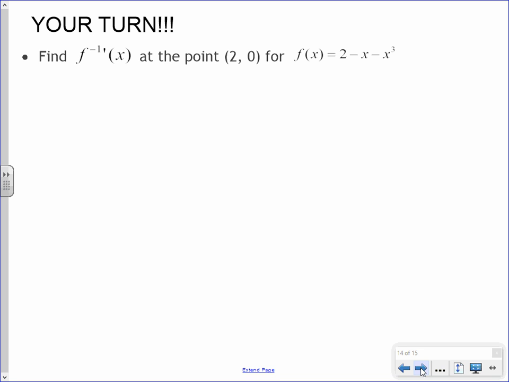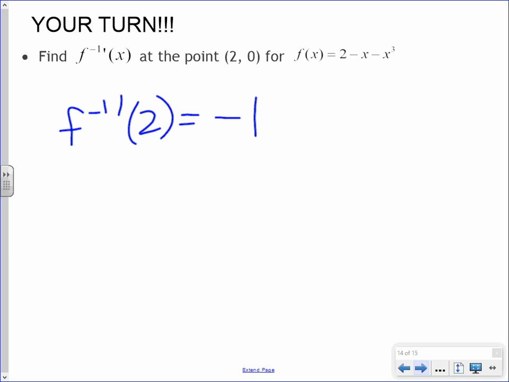Is it negative 3 times 0 squared? That's negative 1. Those of you sitting right over here, what did you get? Goes to the denominator. These lovely ladies in pod 4 got negative 1 for an answer. Do you agree? Anyone need to go through that? Yes, just the last part.